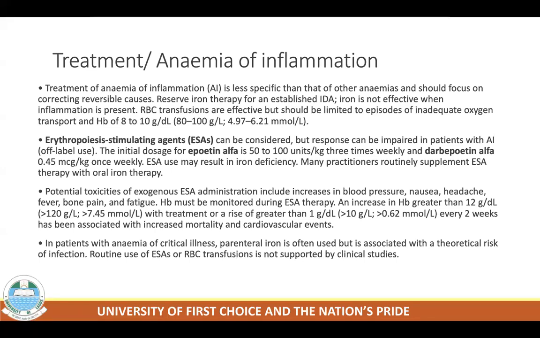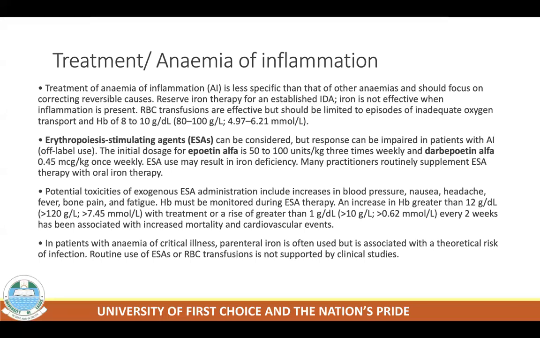So once you are instituting ESAs, you must measure hemoglobin level during therapy. If you have an increase to about 12 grams per dL with treatment, or a rise greater than 1 gram per dL every 2 weeks, you may increase mortality and cardiovascular events in that patient.